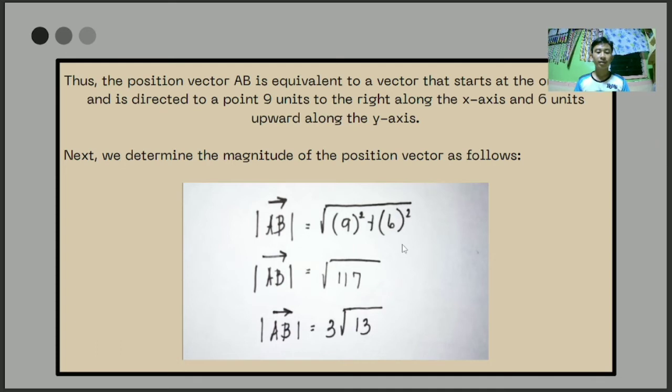So the square root of this is the square root of 117, and the square root of 117 is equal to 3 square root of 13. So the magnitude of the position vector AB is equal to 3 square root of 13. So that's how we're going to find the position vector and its magnitude.